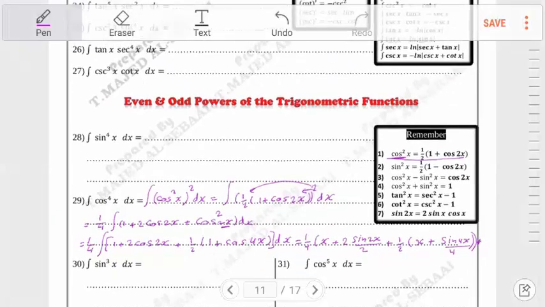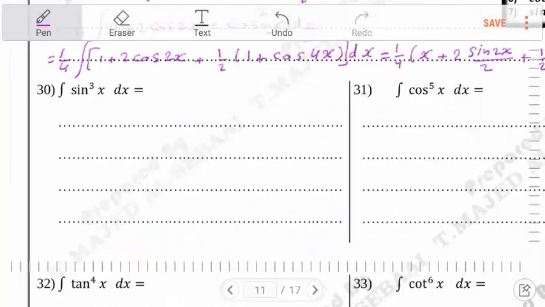Now sine to the power of 3x. When the power is odd, how can we do that?